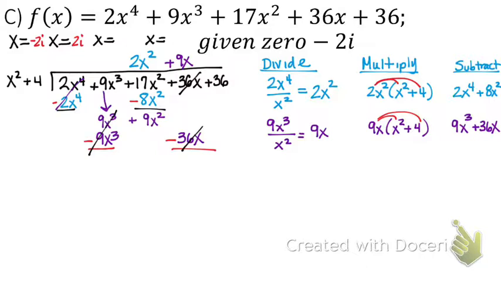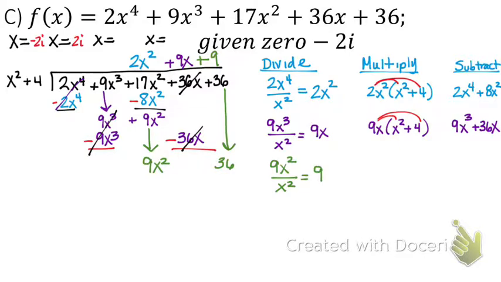So when we do our last rotation, we're bringing down the 9x squared, and we're bringing down the 36. And we're going to do this one last time. We're going to divide 9x squared by x squared. That gave us 9.